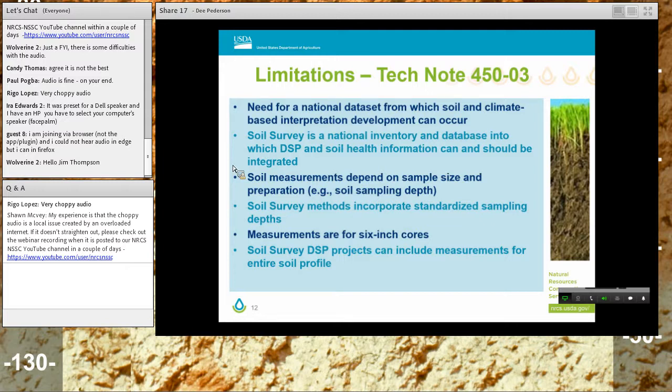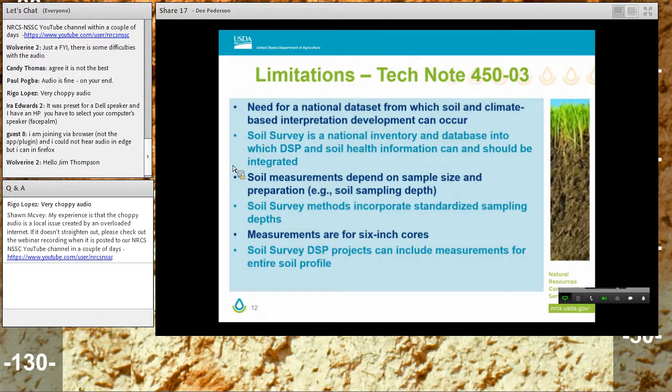The Tech Note mentions variability based on things such as soil sampling depth. DSP projects require standard sampling depths for DSP measurements, and also mentioned the requirements for measurements on multiple 6-inch cores. Now, being a soil scientist, I see it being difficult to tie the upper 6 inches of the soil profile to the landscape. So soil survey dynamic soil property projects document the inherent soil properties of the entire soil profile.